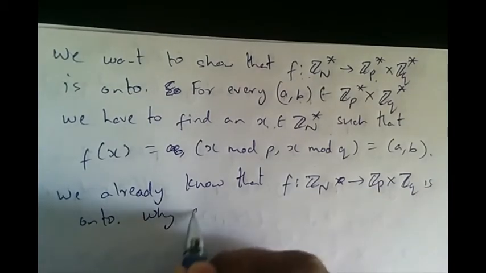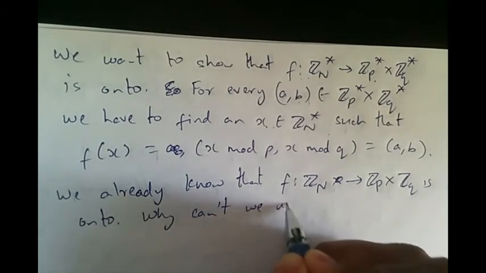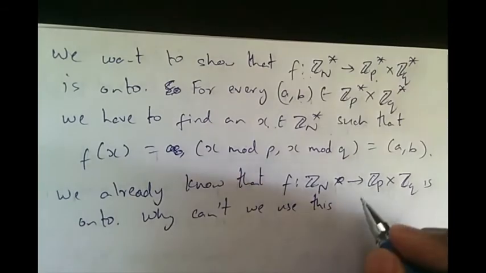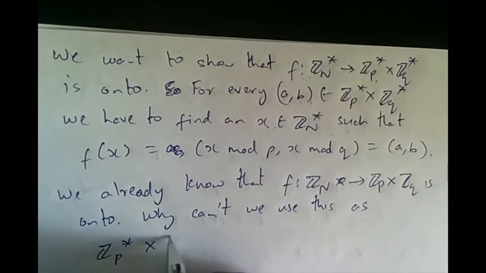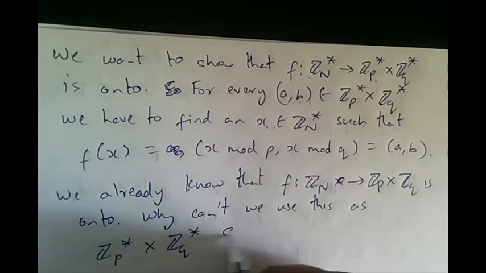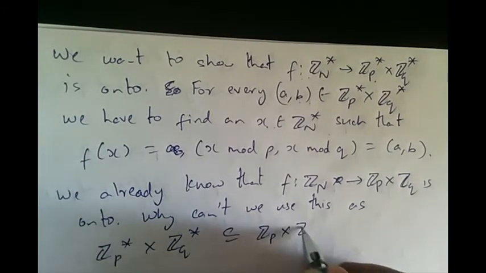Why can't we use this, as Zp star cross Zq star is a subset of Zp cross Zq?